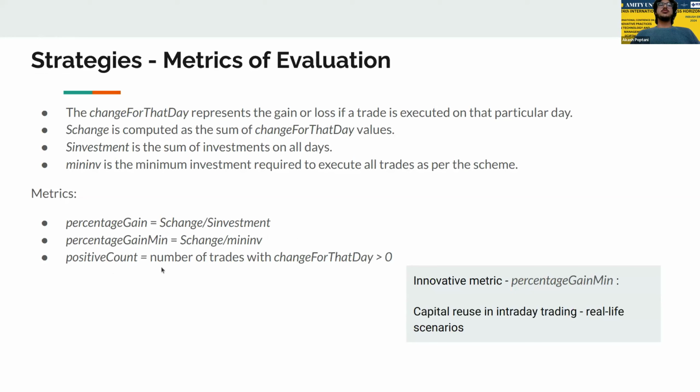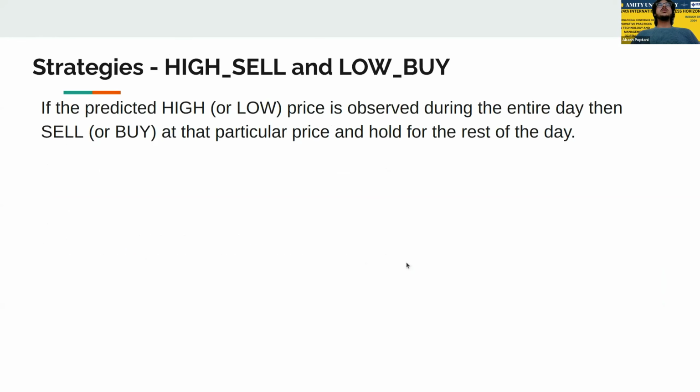So the positive count is the number of favorable trades, as in the number of days where we see positive gain. So there should be gain and not loss. The change for that day should be greater than 0. So the first two strategies are pretty intuitive.